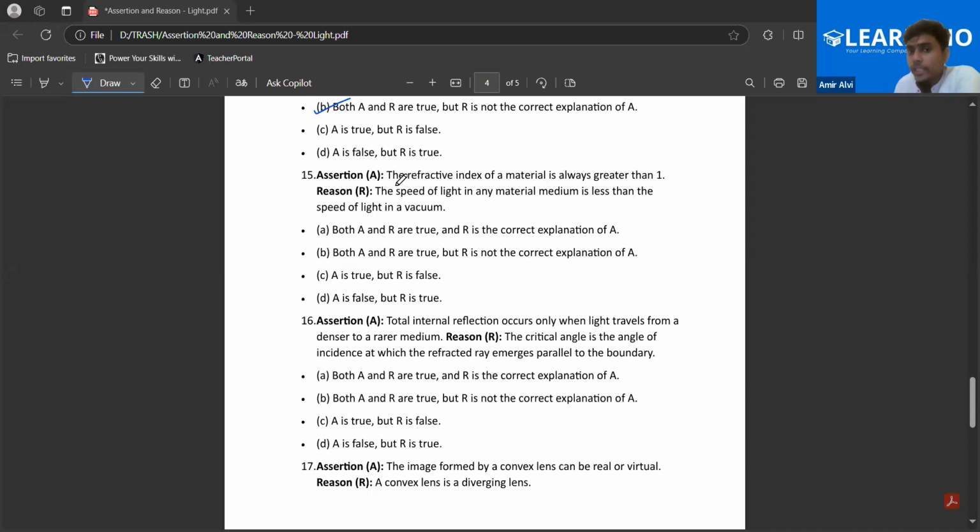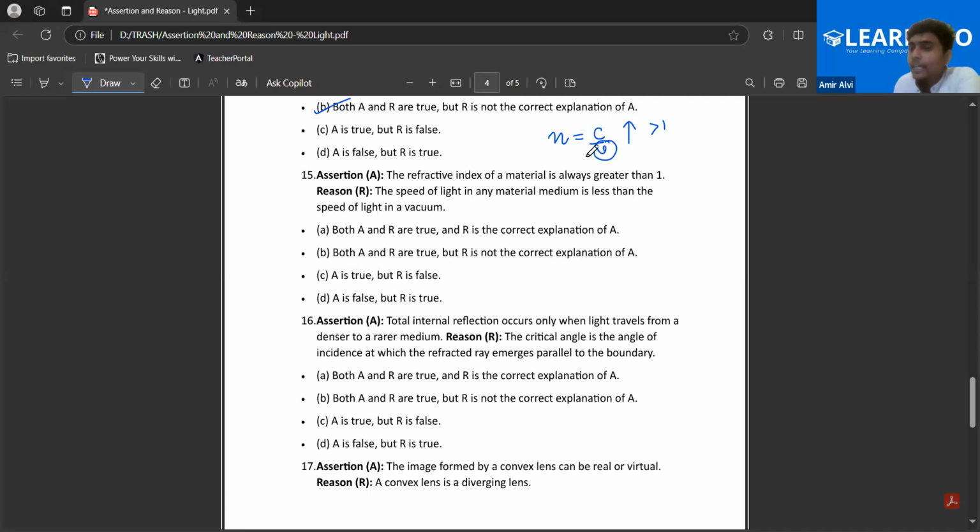It means that the refractive index would be greater than 1. And the reason says that the speed of light in any material is less than the speed of light in vacuum. That is also true because n is equal to c by v. The fastest the light can travel is in air or vacuum, right? So you see that v is smaller. It means that the value of this ratio would be greater than 1. Yes or no?